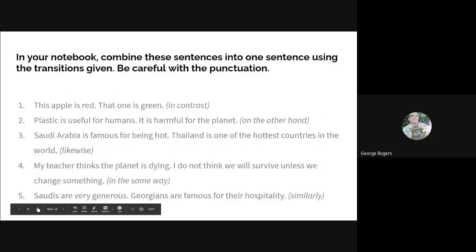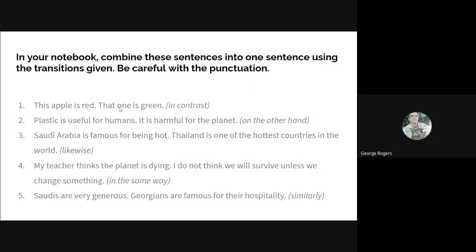Let me go back to where we were. So in your notebooks, try to do these. Number 1: This apple is red. That one is green. In contrast, so we're talking about how they are different. We're putting these together as one sentence.